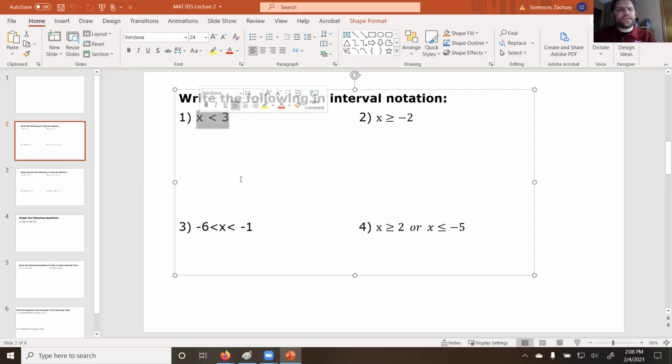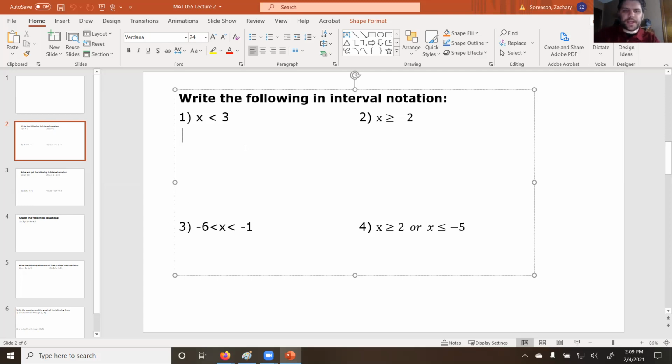To break down what X less than 3 actually means, X can be any value less than 3. X could be 2, X could be equal to 1, X could be equal to negative 1,000. So to describe the entire interval of things X can be, X can be anything all the way down to negative infinity.